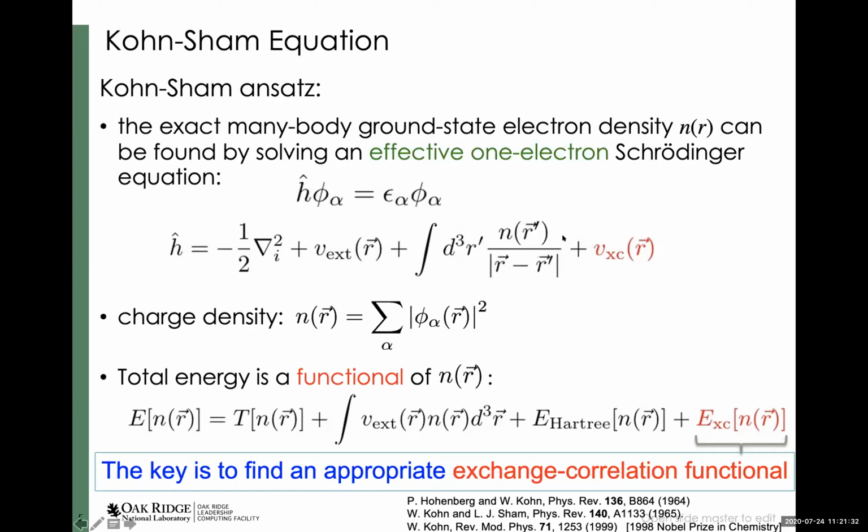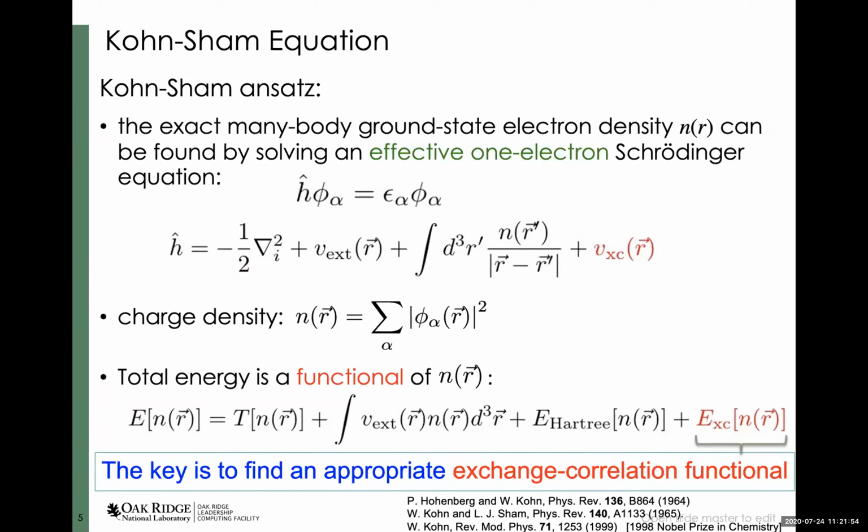You solve it for these phi alphas, which are called the Kohn-Sham orbitals. They are not really exactly electrons as such, but they basically are a single particle representation of what goes on.